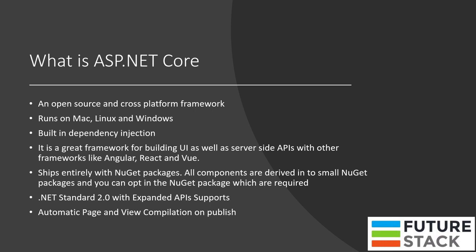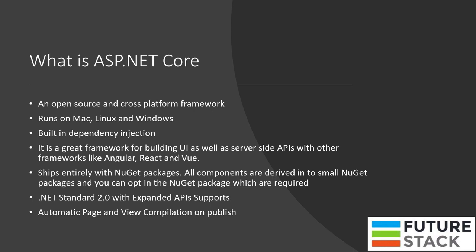The older .NET had a bunch of libraries, huge libraries. But ASP.NET Core ships with small libraries using NuGet packages. So it's divided into small packages, and it helps to install the packages themselves through NuGet.